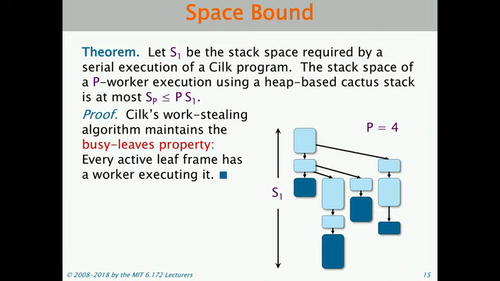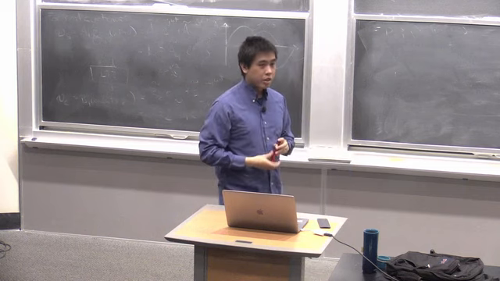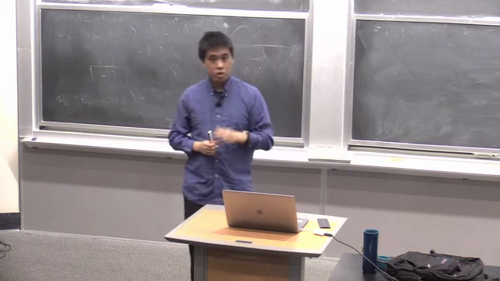This can be a loose upper bound because we're double counting here. There's some part of this memory that we're counting more than once because it's shared among the different processors, but that's why we have the less than or equal to here. So it's upper bounded by P times S1. This is one of the nice things about using a heap-based cactus stack: you get this good space bound.